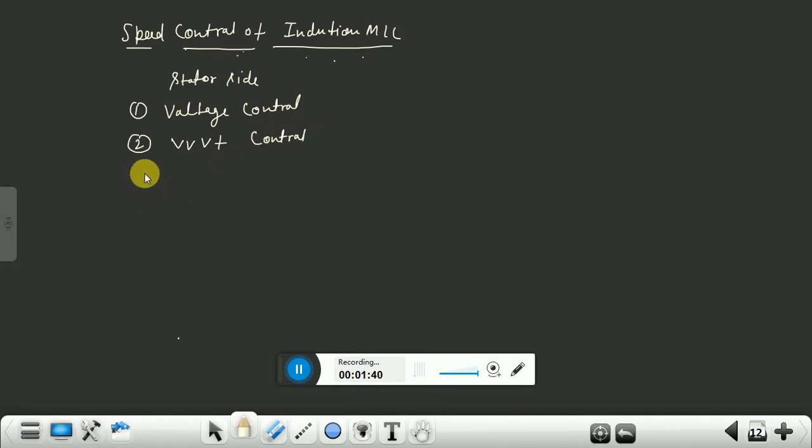Third is pole changing method. And fourth is stator resistance.